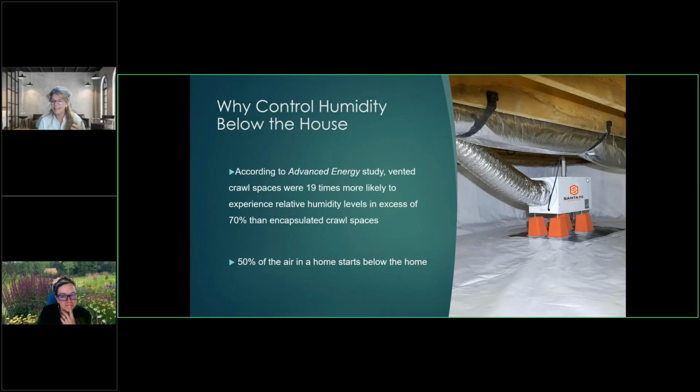And code allows for doing some supply air from the ductwork in order to condition that space. If you want to talk more about crawl spaces, please reach out. But providing a little cold, dried air into a space below ground is not controlling humidity, and that's really all you want to do, is control the humidity.